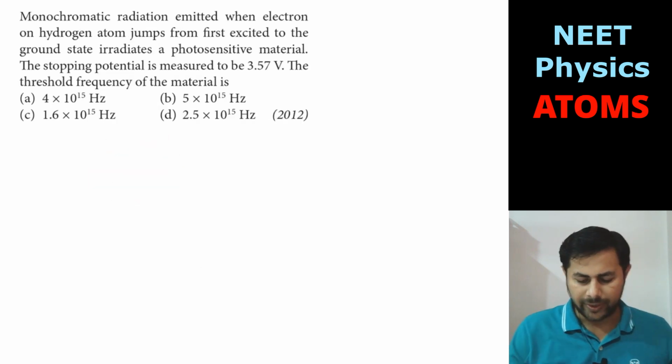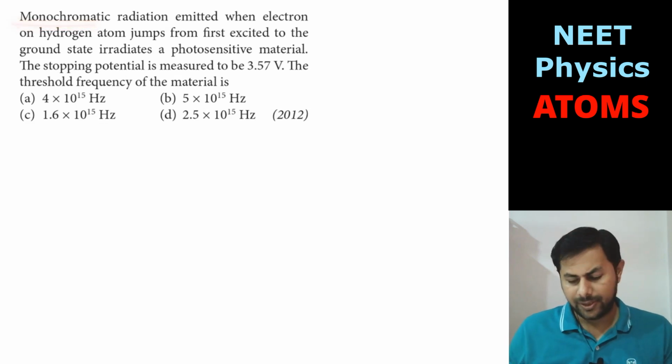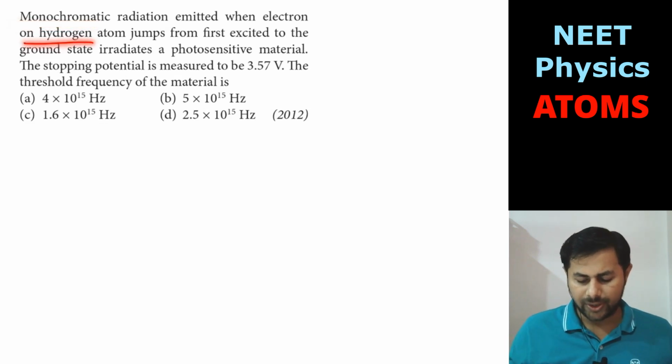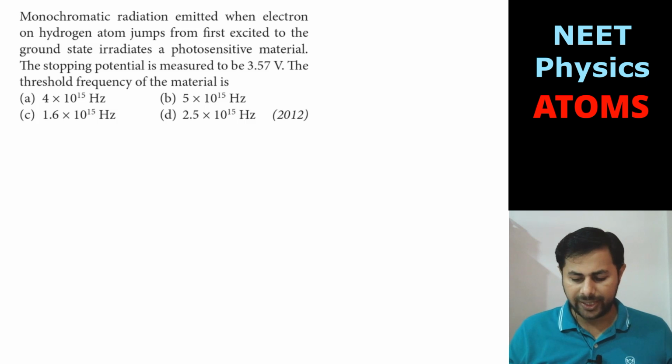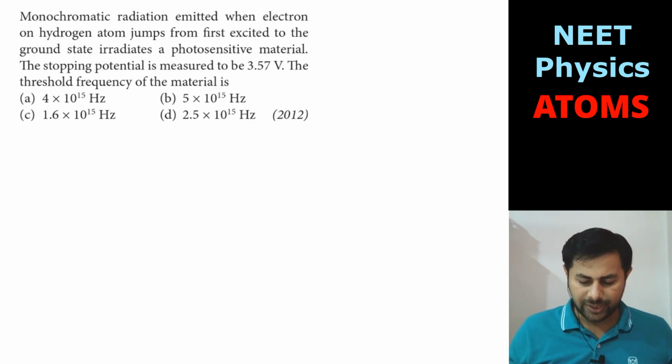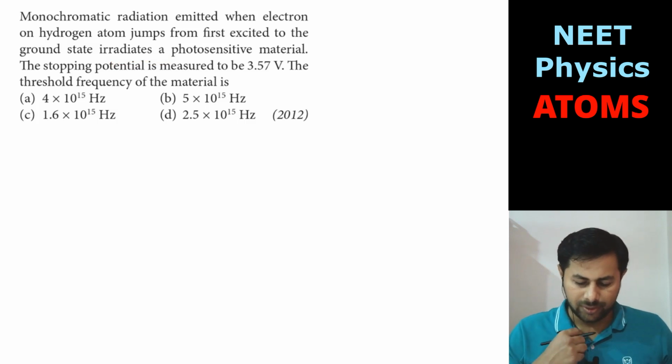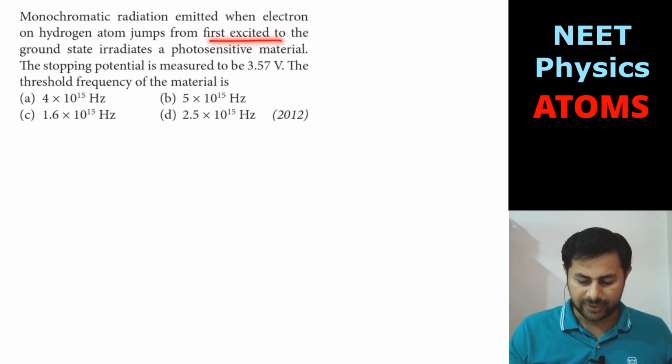Okay. So monochromatic radiation emitted when an electron in a hydrogen atom jumps from the first excited state to the ground state irradiates a photosensitive material. The first excited state means the second state, going to the ground state.